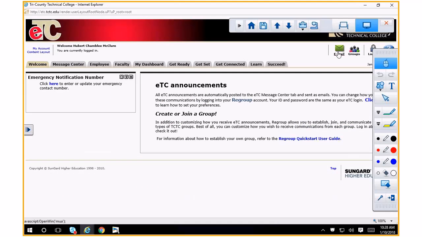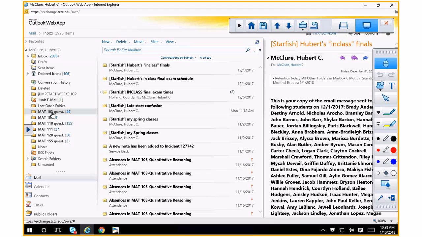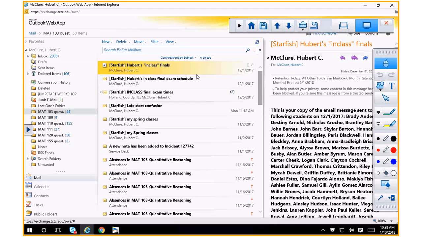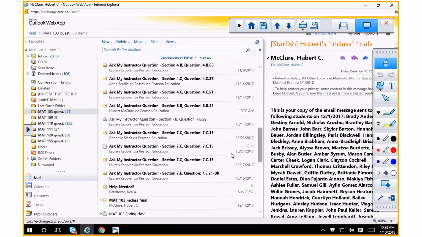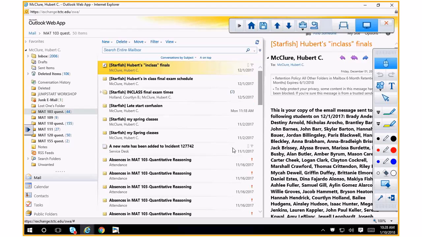Go to my email, and I should go over to, what class is this? 103. And it should be at the very top, but this thing may be messed up. Hold on. Let me see if it's down. I think it just sent it. No?